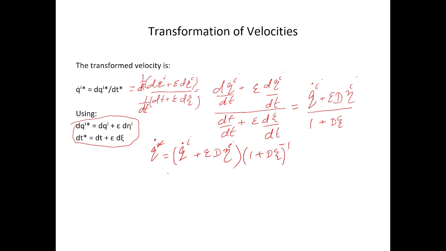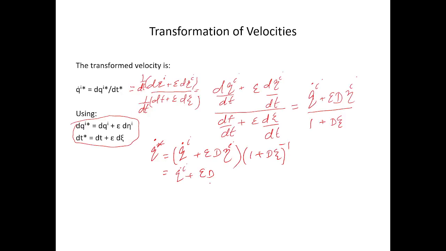Using the binomial theorem and considering the first two terms, this is 1 minus epsilon D xi.